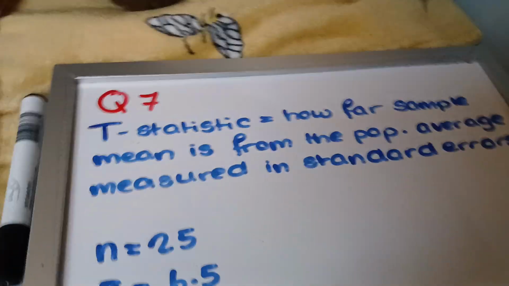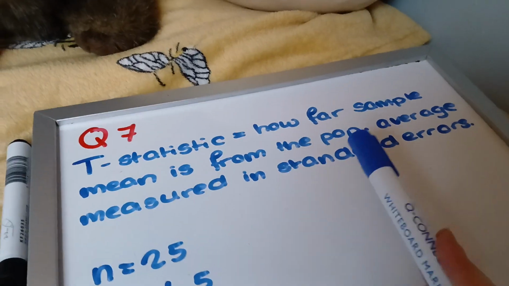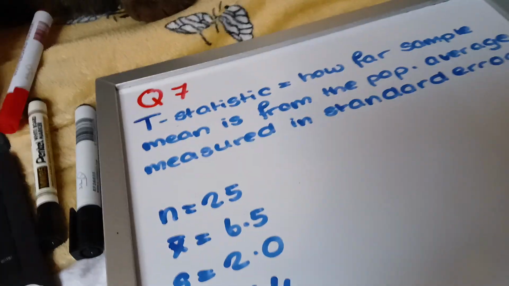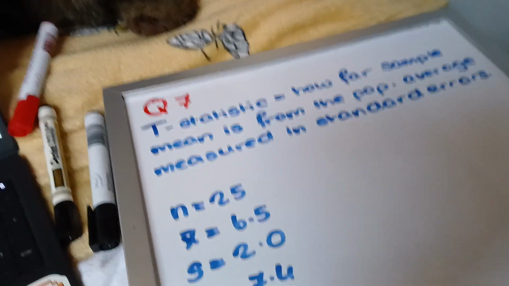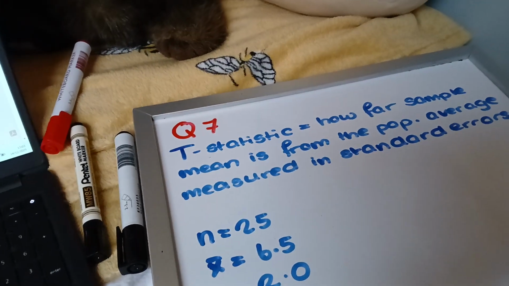We're looking for the test statistic. The test statistic is how far the sample mean is from the population average, measured in standard errors. And we know that standard error tells you how much the sample mean would change if you repeated the study again and again.